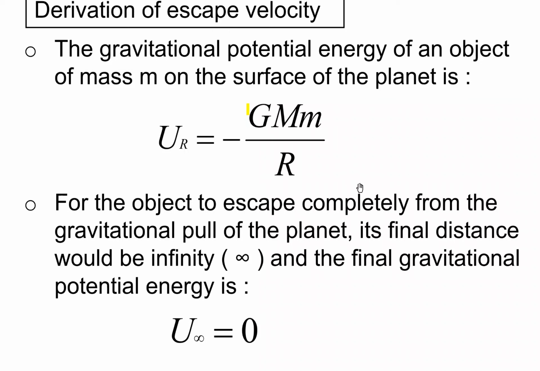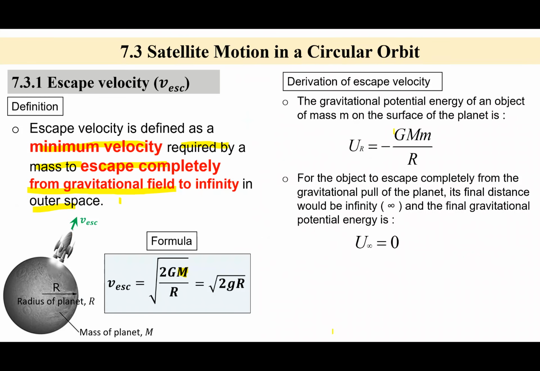Sebab apa? Bila kita masukkan dekat dalam equation potential energy, kita ada U equals to negative G M besar M kecil over R, and then bila kita masukkan R sama dengan infinity, value dia akan jadi 0 joule.